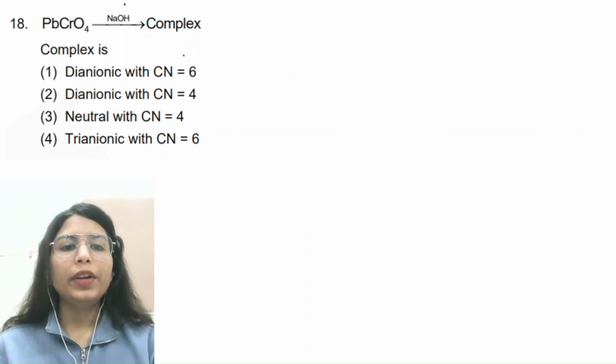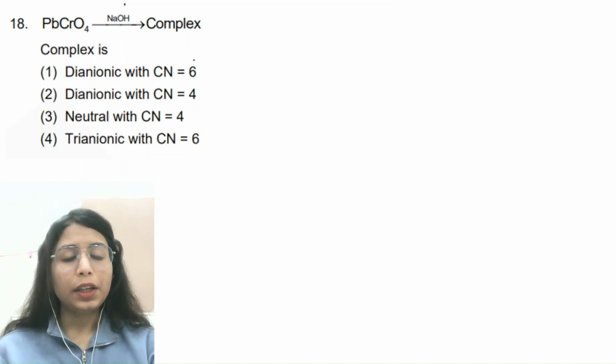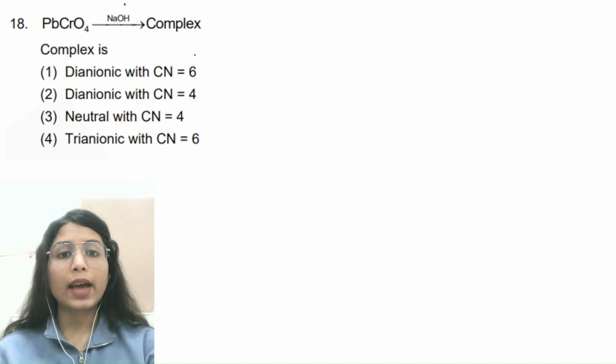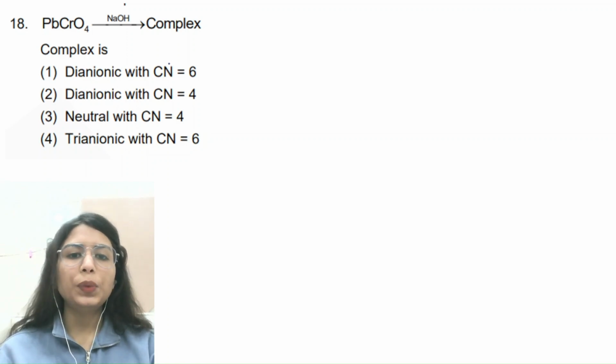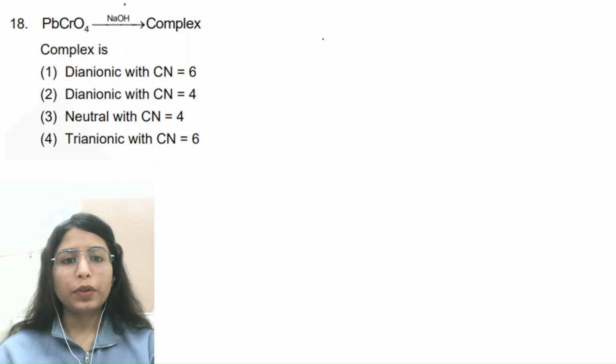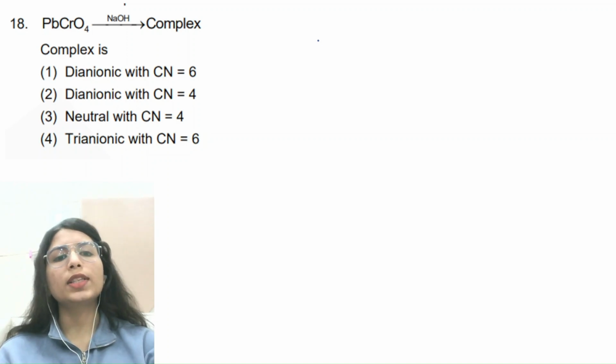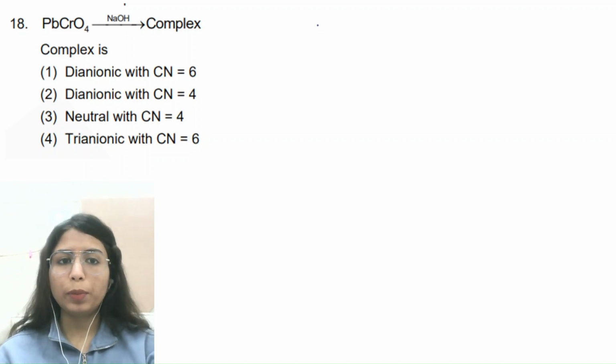Okay, so here we have another question, that is our 18th question, and it is a direct question from your NCERT again. If you know the complex, then you can easily answer this question. This is one of the most important reactions that your teachers must have told you very frequently while you were studying d block elements, that you have to remember this.